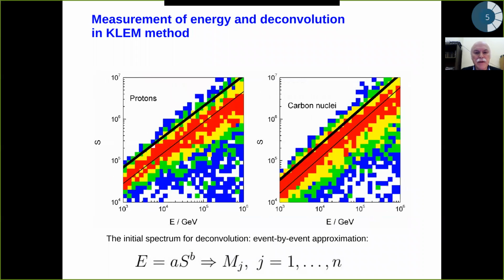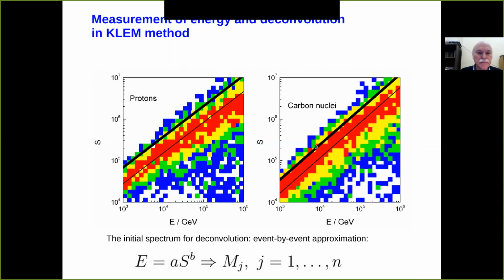Now I present the results of energy deconvolution for the energy obtained in the KLEM method. It is very important because the KLEM method has a geometric factor 6 times higher than the ionization calorimeter method in the NUCLEON experiment. In these diagrams, you see the connection of the primary energy of the particles with the KLEM parameter S, simulated on a computer.